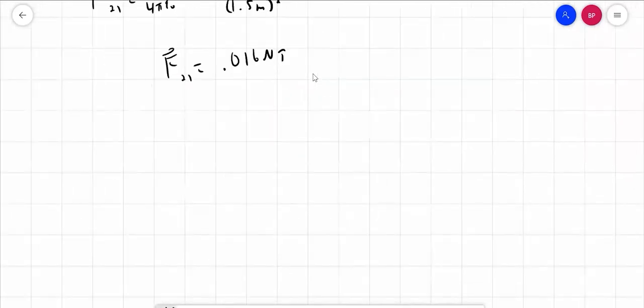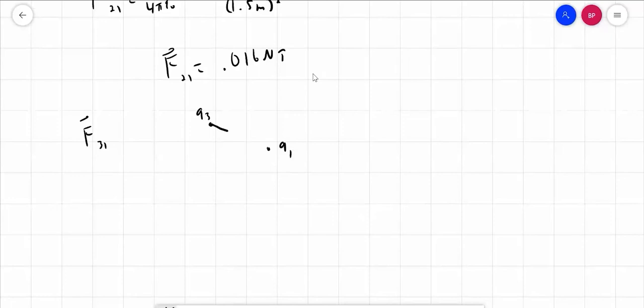All right, so now we need to find F31, the force on charge 1 due to charge 3. So let's draw these positions of our charges. Well, Q3 was up here and Q1 was down here.